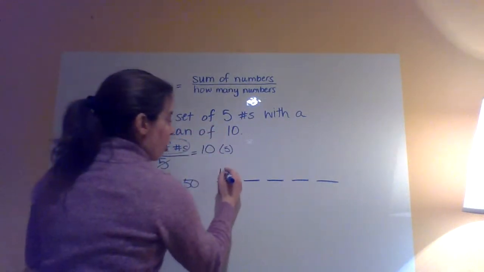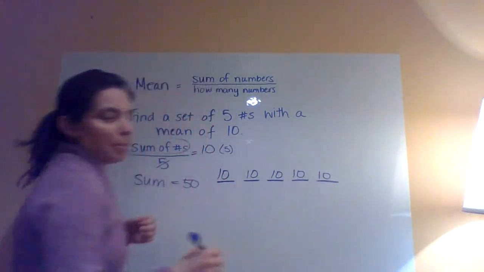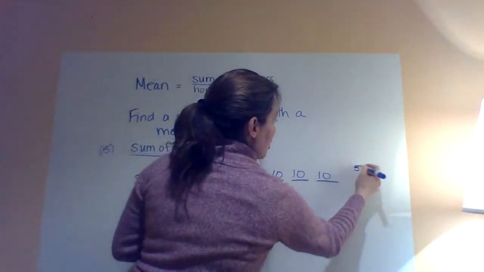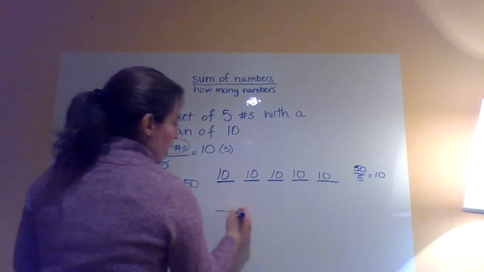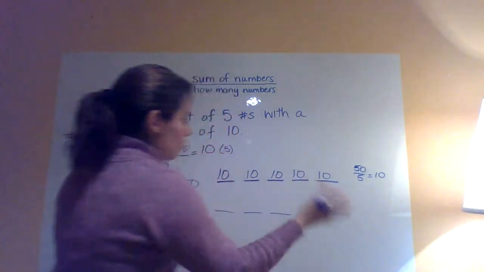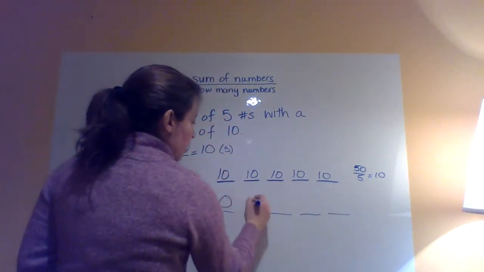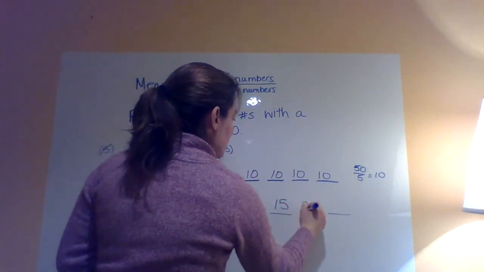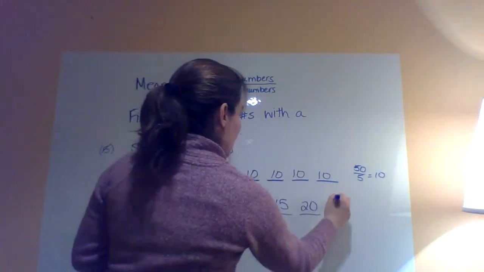So I could have all 10s, right? If you get 10 on every single assignment, you're going to have an average of 10. If I add these up, it would be 50 divided by 5 is going to be 10. We could also have sets of numbers that look a little different. We could have something like 0, 0, 15, 20, let's see, that's 35, and another 15.